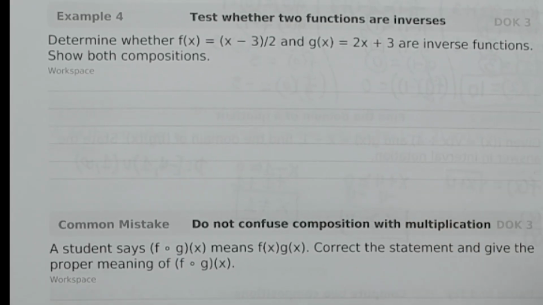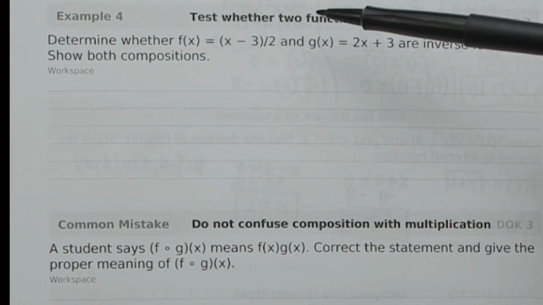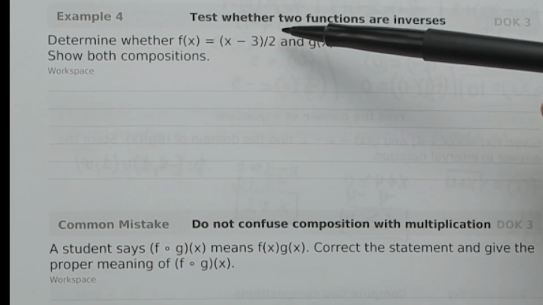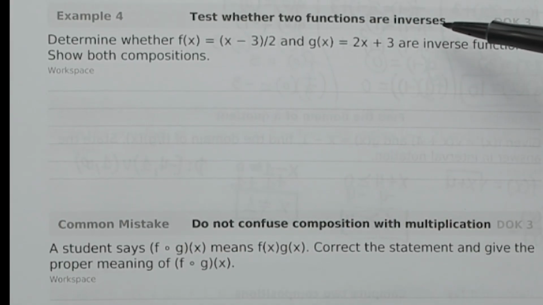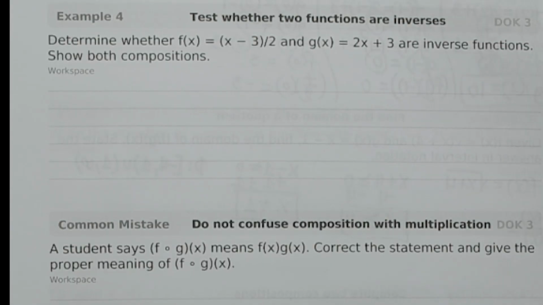Example number 4 says determine whether f of x is equal to the ratio of this one, and g of x is 2x plus 3, and determine whether they are inverse functions. Show both compositions. So in showing both compositions, we want to determine what it is we're looking for.